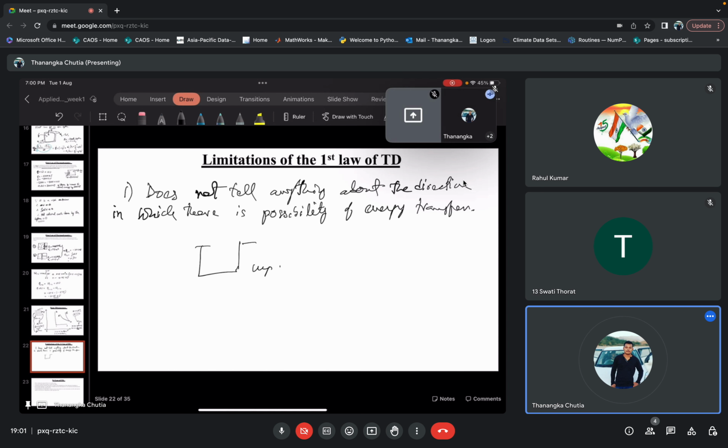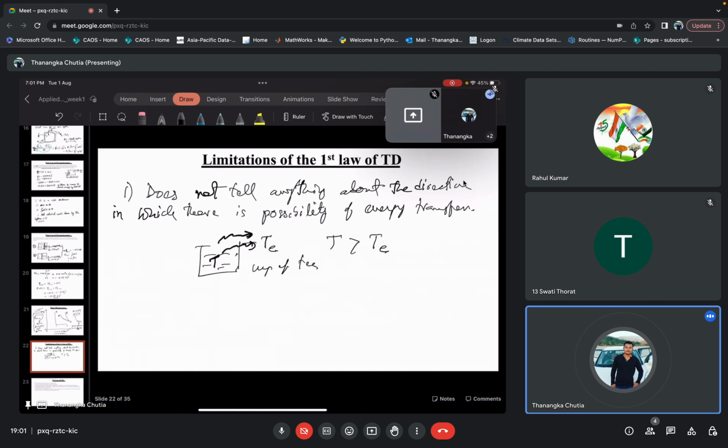Now for example, this is a cup of tea. Since this is a cup of tea, obviously it will be at a higher temperature than the environment, if this is not a cold tea. So the temperature of this is say T and the environment is say TE. T is greater than TE, so heat transfer will take place from the cup of tea to the environment.